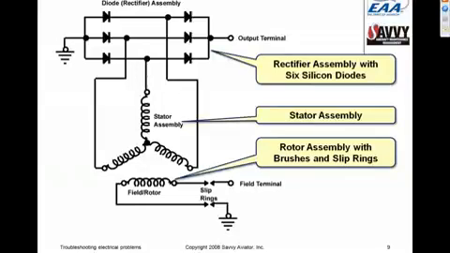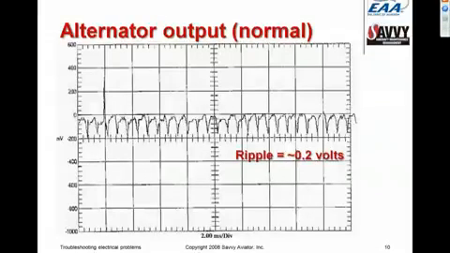If you look at an alternator that's operating normally, and you put an oscilloscope across the output of the alternator or on the aircraft bus, you will see a very tiny amount of AC component, what we call ripple, that's typically only 1/10 of a volt, maybe 2/10 of a volt max, and it's small enough that it doesn't bother our avionics.